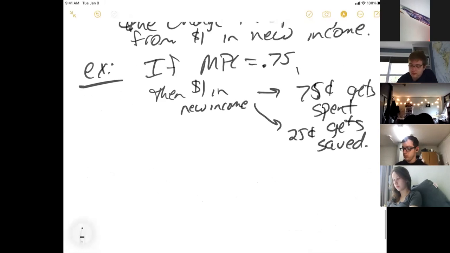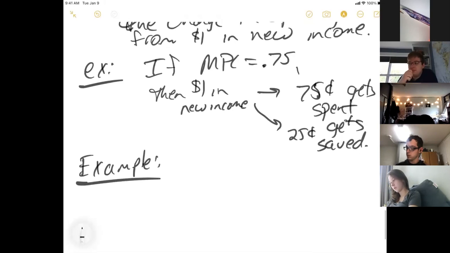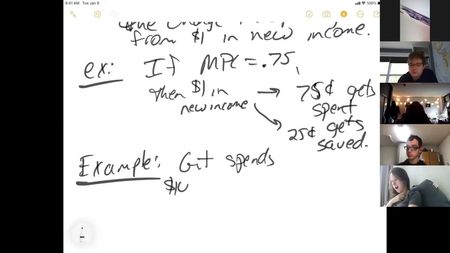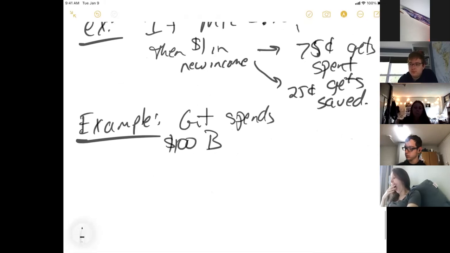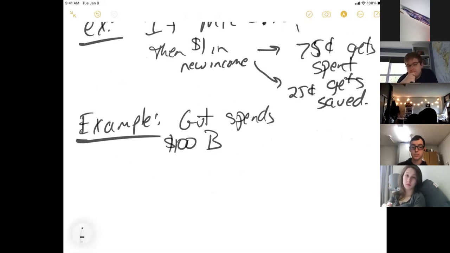So let's think of an example here, and granted, this is a ridiculous example. The government spends $100 billion, and let's say the U.S. government decides they're going to build a naval base in Mount Vernon. Why would you want a naval base in Mount Vernon? But it's going to cost $100 billion.